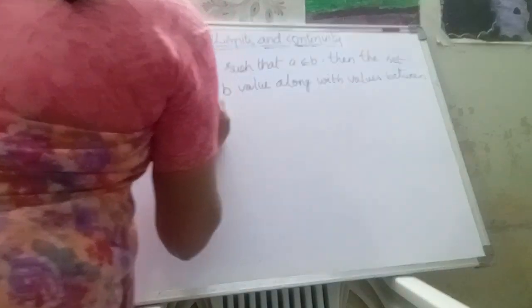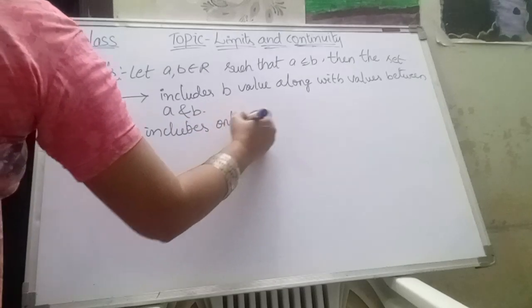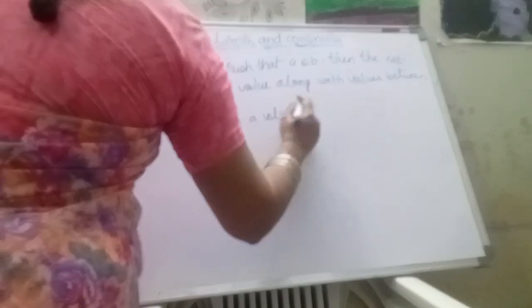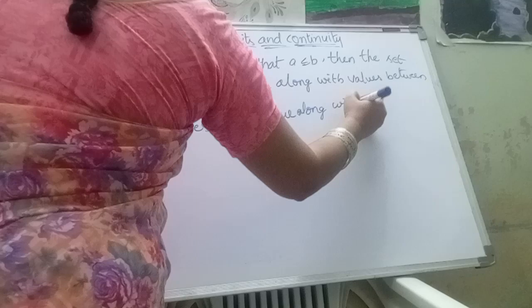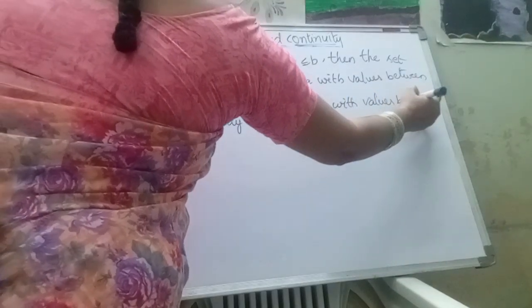Next, the fourth one: if you take [a, b), it includes only the a value along with the values between a and b.